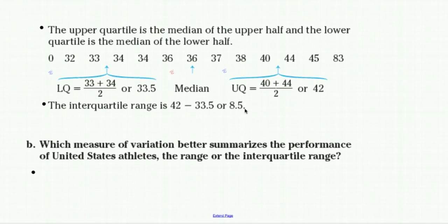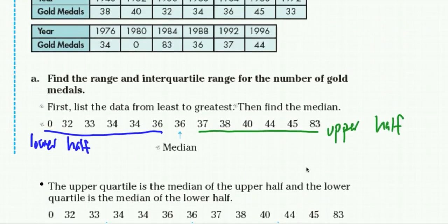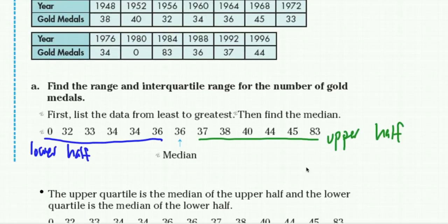Letter B, which measure of variation better summarizes the performance of United States athletes, the range or the interquartile range? Remember I told you that it's interesting to note that 1980 and 1984 were spikes in gold medals. In 1980, there was a huge spike going down.